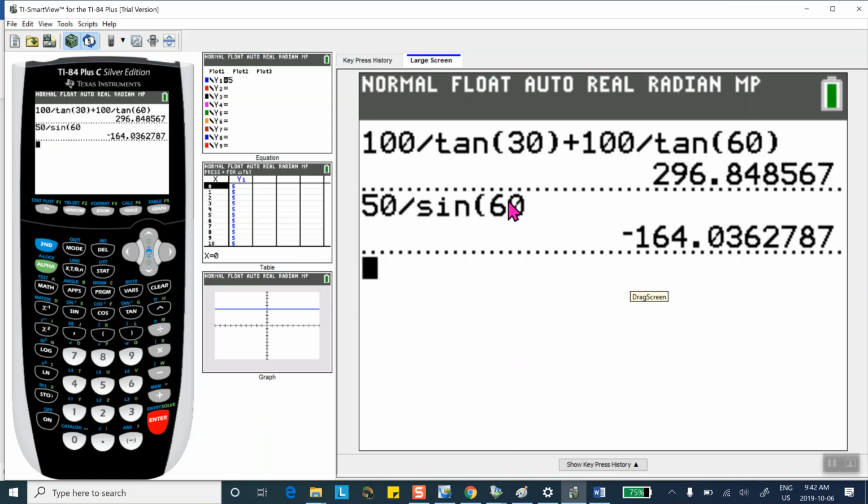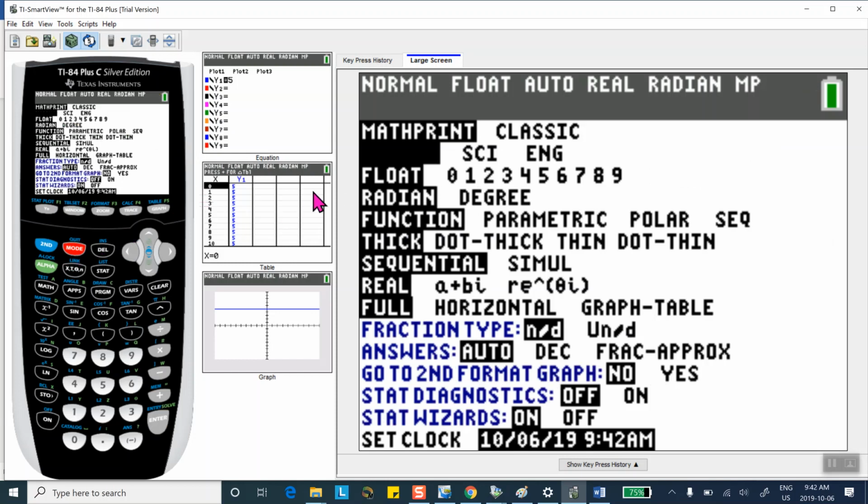Okay. So I think the problem is that my mode looks like it's on. Is it on radian? I don't know. I better check this. I thought I... In fact, the other answer may have been wrong. So enter. Oh, you know what? I did not enter it. Even the previous answer is wrong.